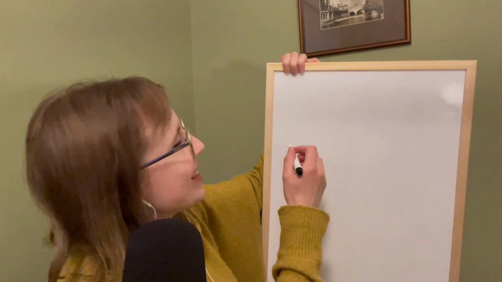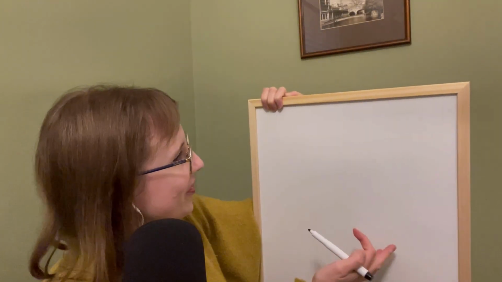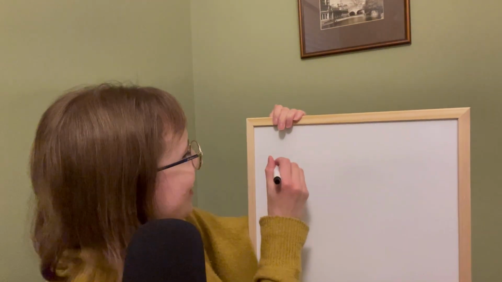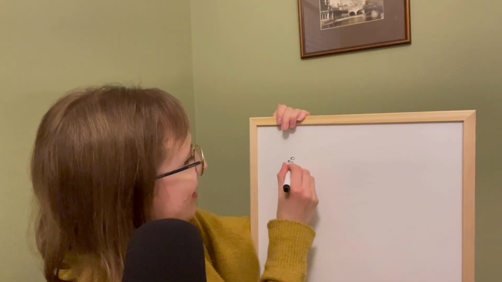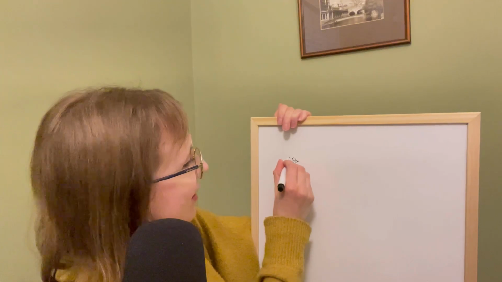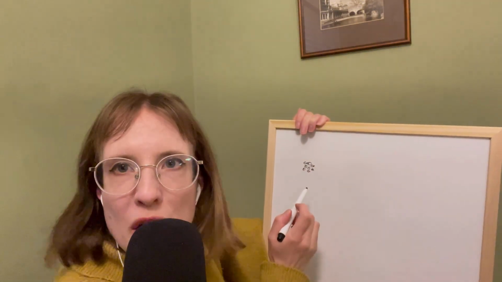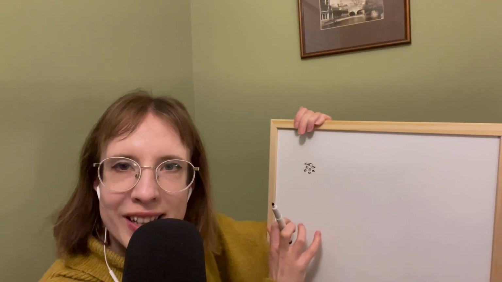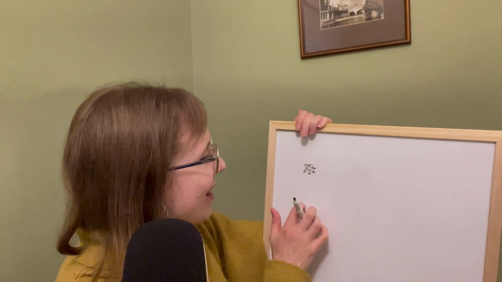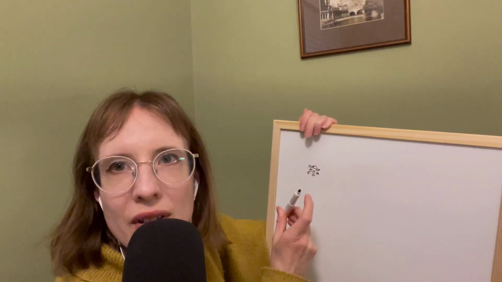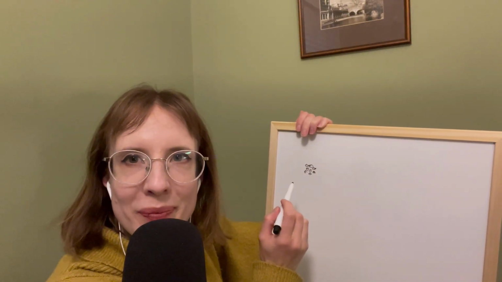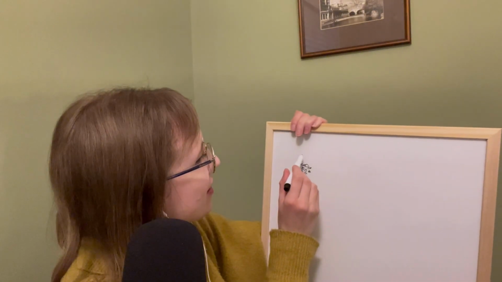Okay, so you think of an atom. You've got your nucleus in the middle. So that's a bunch of protons and neutrons. And people think of the electrons around the outside.